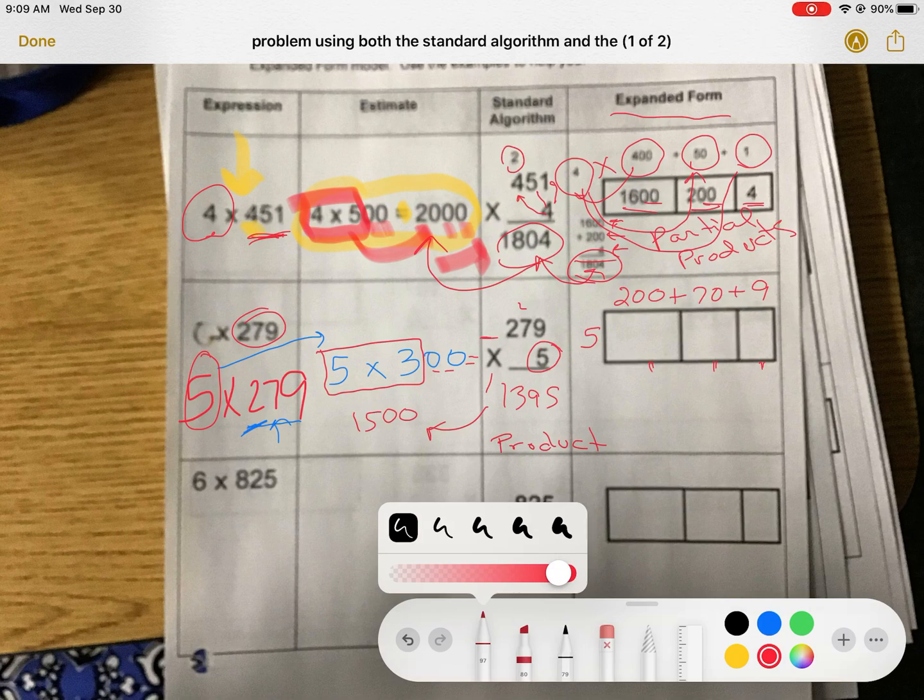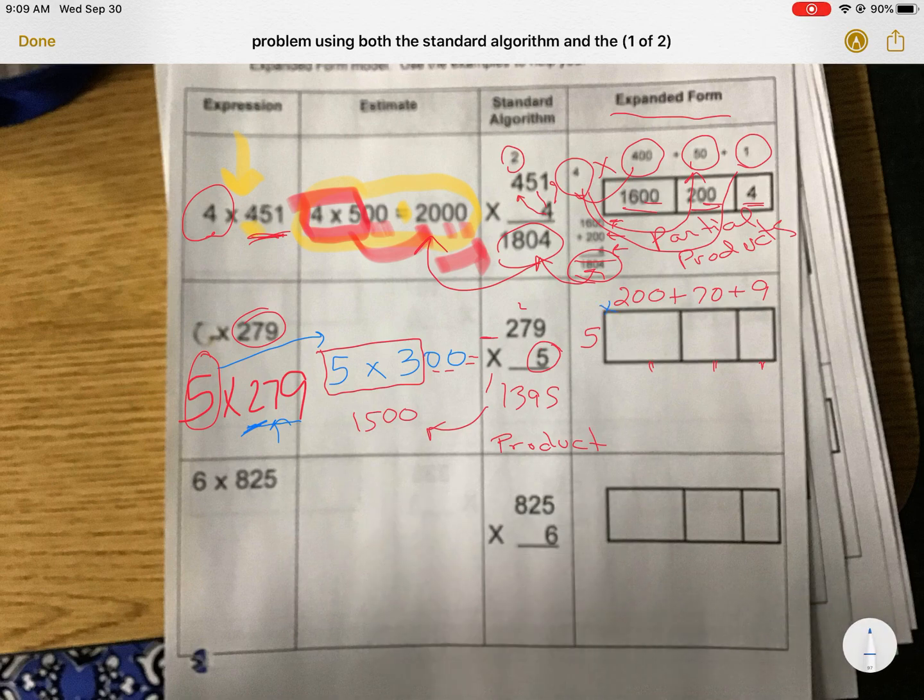So when we talked about the distributive property this week, we talked about the fact that that 5 needs to be passed out with each of these pieces. So 5 times 200: 200, 400, 600, 800, 1,000. So 5 times 2 is 10, and then you have those 2 zeros, it is 1,000.